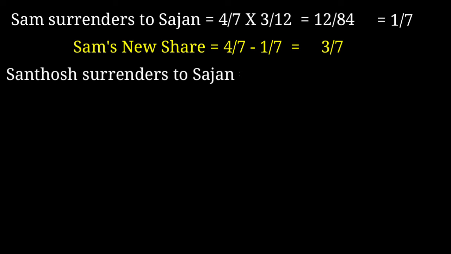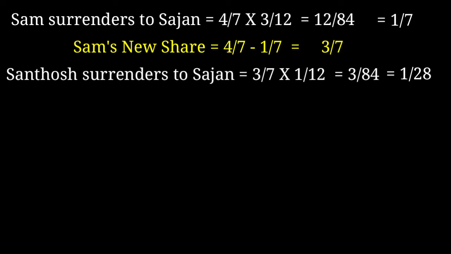Then we can calculate 3/7 into 1/12. That's equal to 3/84. Again, we can simplify it to 1/28. So Santosh's old share is 3/7. From 3/7, he is giving to Sajan 1/28 portion.